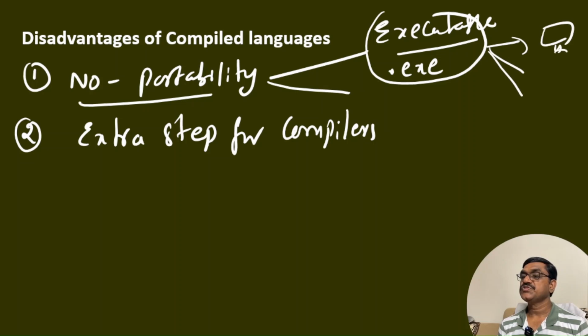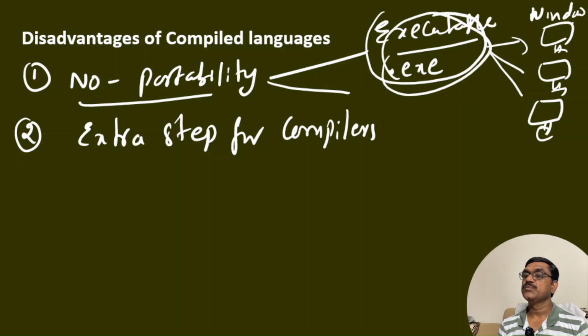Assume that this is the first machine and this is the second machine and this is the third machine. As we discussed in the earlier classes, if the first machine is Windows machine, then this .exe executable file can be executed on the Windows machine. Here there is no problem. And assume that the second machine here we are using is Mac.